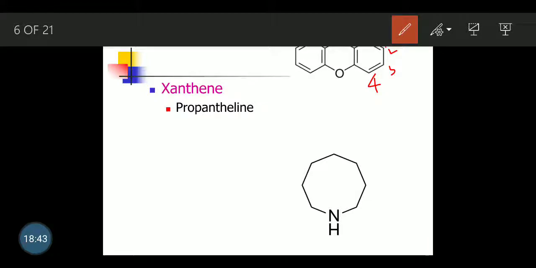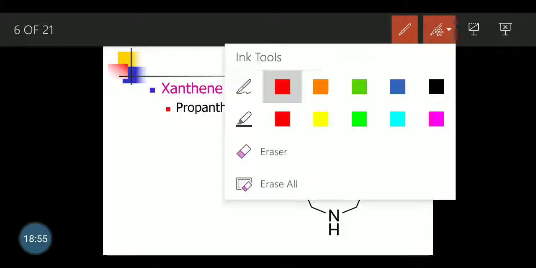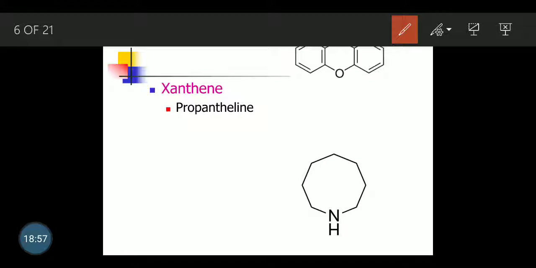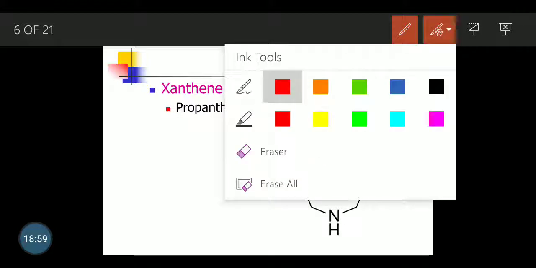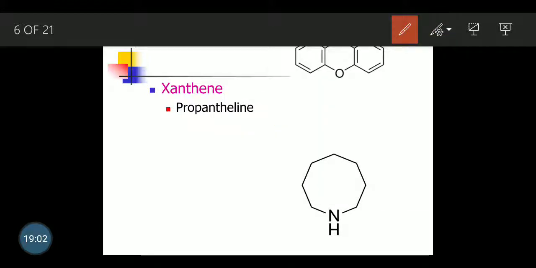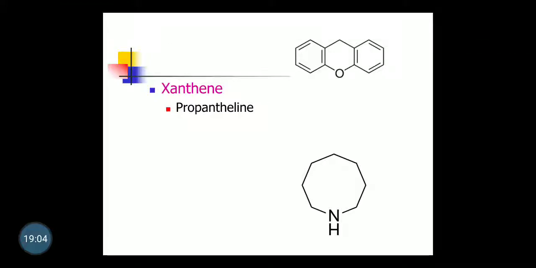We have to skip this oxygen, then 5, 6, 7, 8, 9 and 10 is the position of this oxygen. So the same numbering pattern as N10 acridine is used for this xanthene. And one thing I want to show you, it's not xanthine, it's xanthene. So that is the way of numbering xanthene. It's actually the least important.